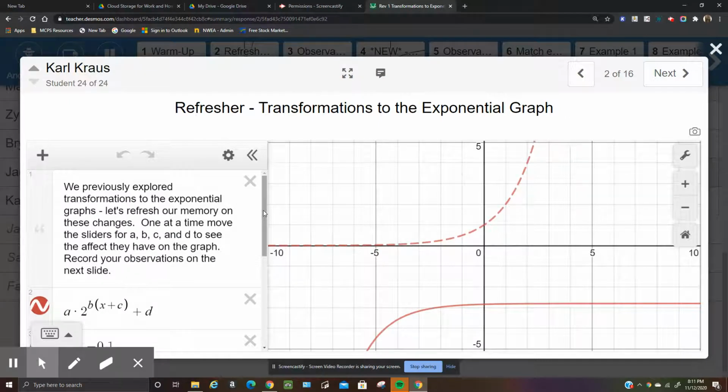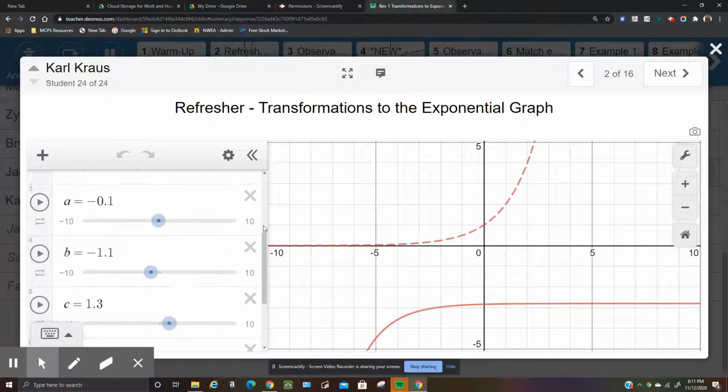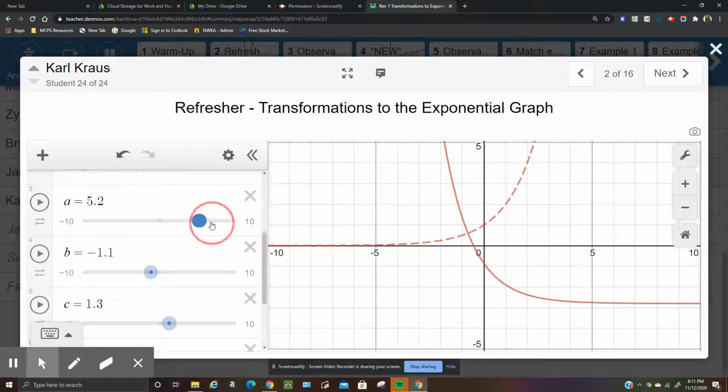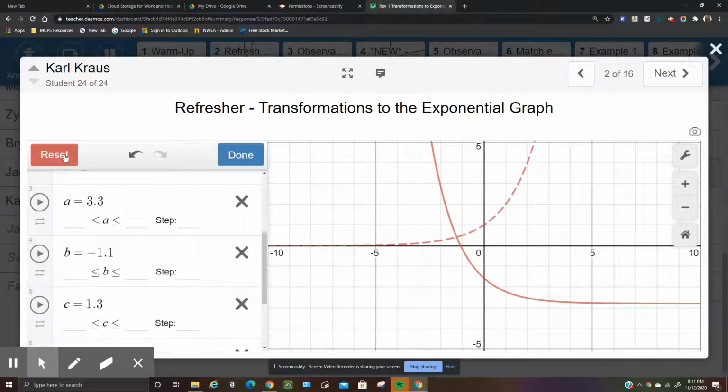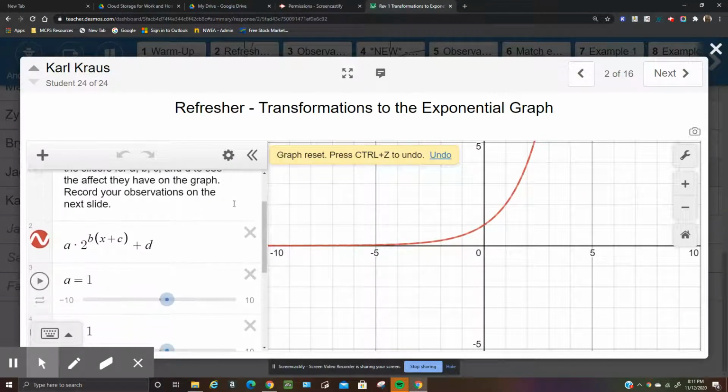And then this is a refresher about the transformation. So the a value, if I click on the a value, let's reset all this because it's confusing the way it is now with the dash graph. Okay, so now let's reset here.